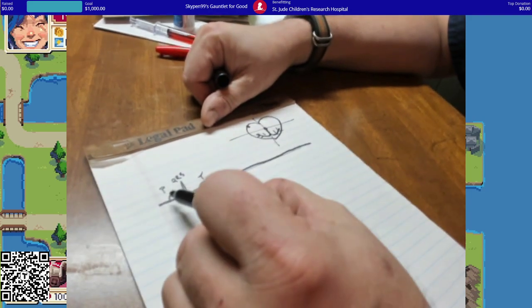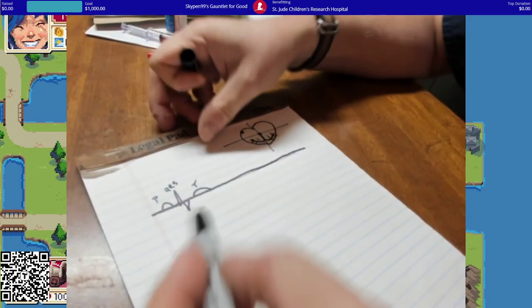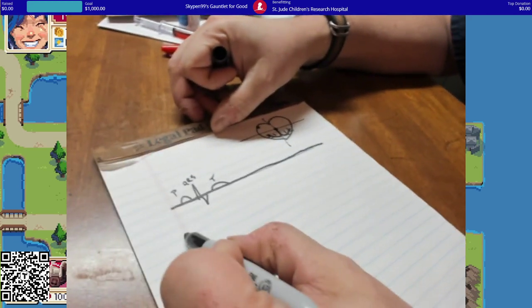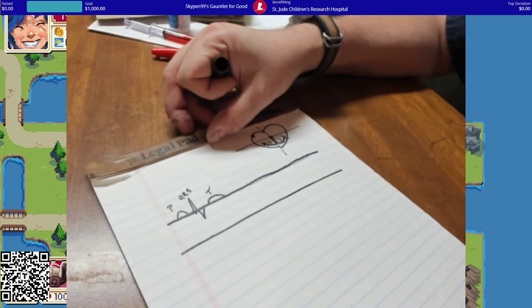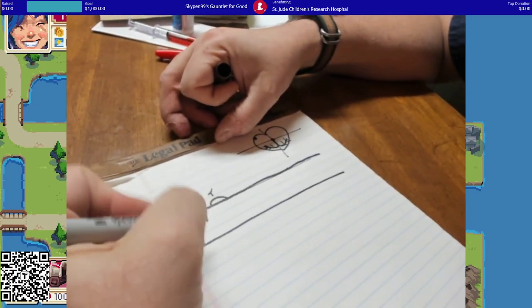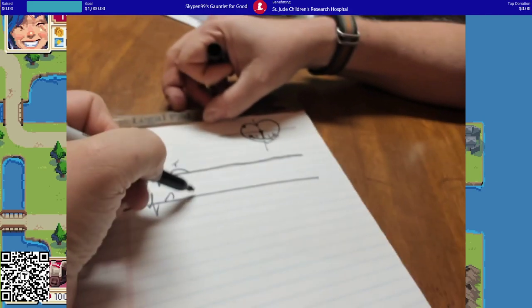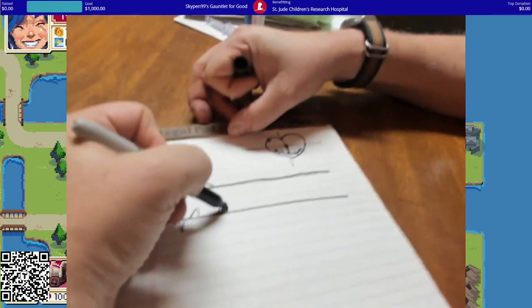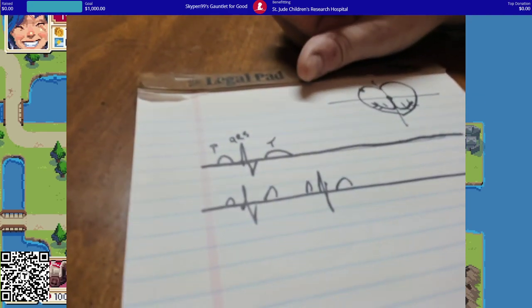It's so small. You get the P, QRS, T. T is the resetting. So if you think about how fast you get a P, QRS, T, P, QRS, T, and how fast that is.